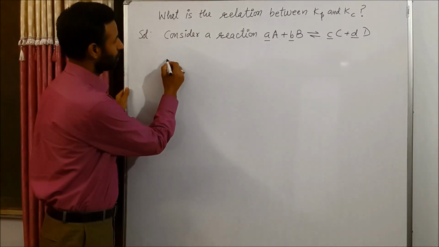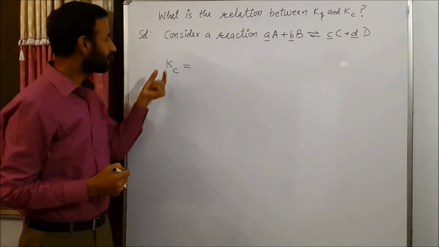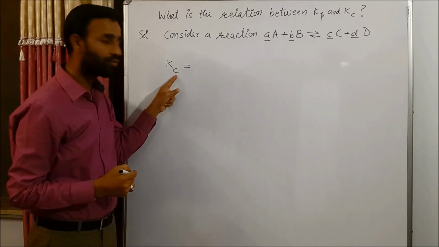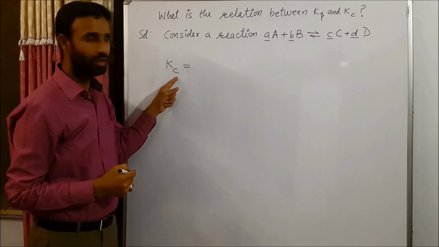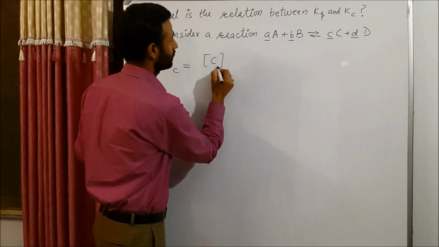Now to write Kc, what is Kc first? Kc is the equilibrium constant in terms of concentration, and you know concentration is written like this.